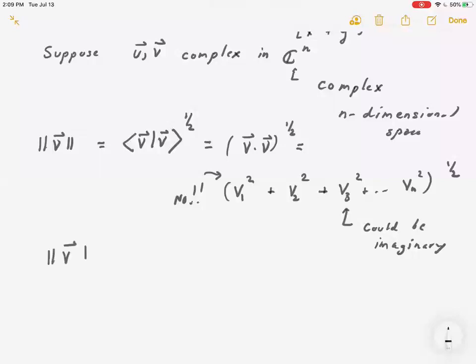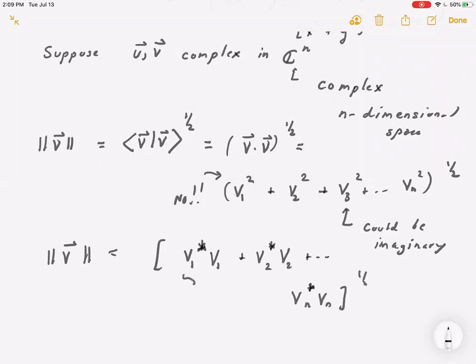We know what the right prescription is. We take the complex conjugate of each one of these coordinates, then multiply it by that coordinate, get an expression, and do the same for each one of the components of my n-dimensional vector, which is complex.